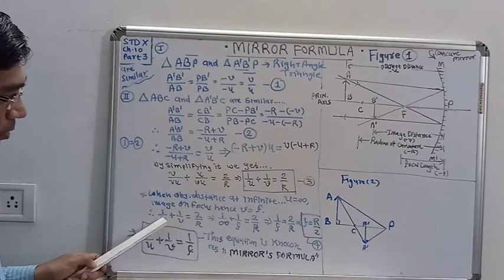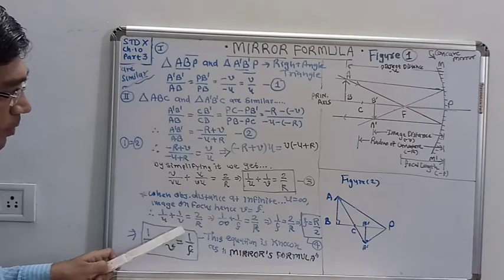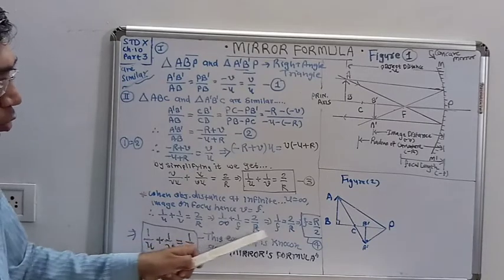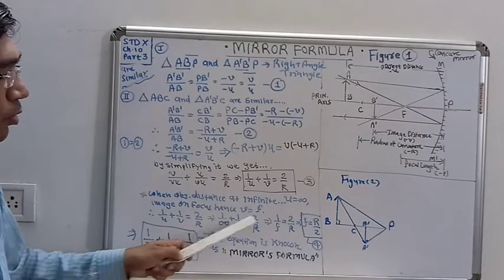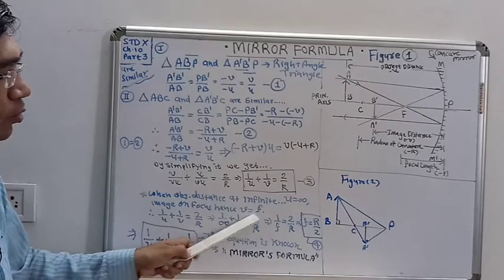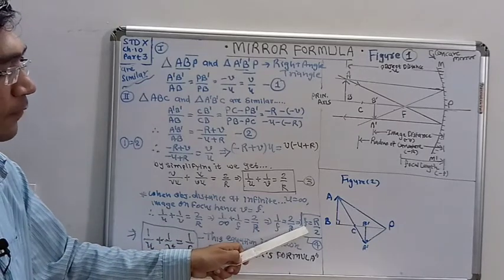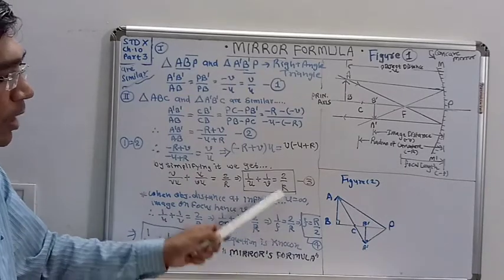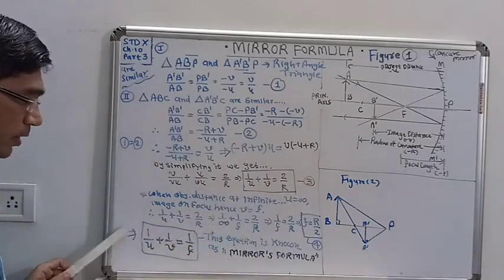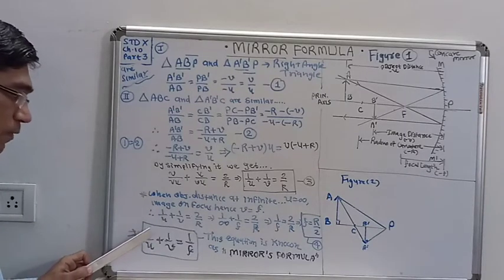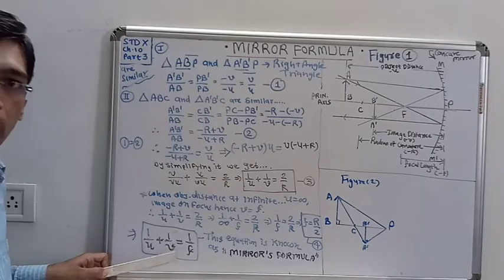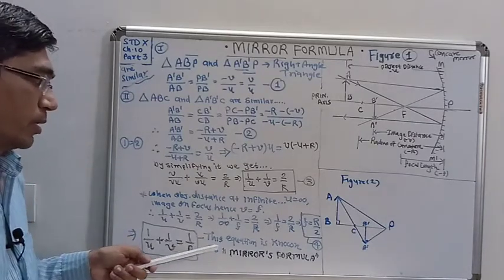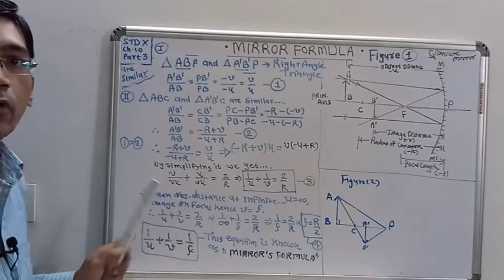By putting it, we get 1 upon infinity plus 1 upon F is equal to 2 upon R. So 1 upon infinity is 0. So 1 upon F is equal to 2 upon R, and F is equal to R by 2. So if we put 1 upon F for 2 upon R in equation 3, we get 1 upon U plus 1 upon V is equal to 1 upon F. This is the equation known as the mirror formula.